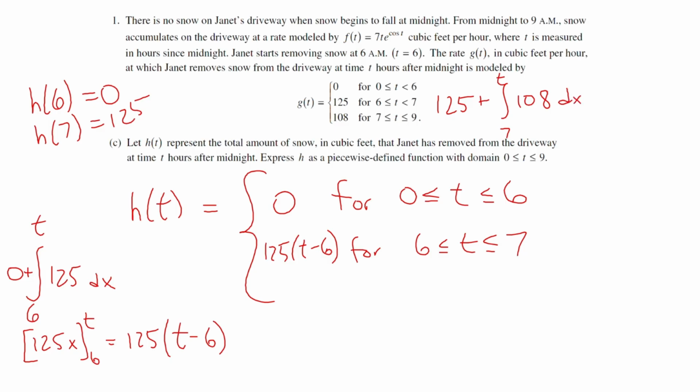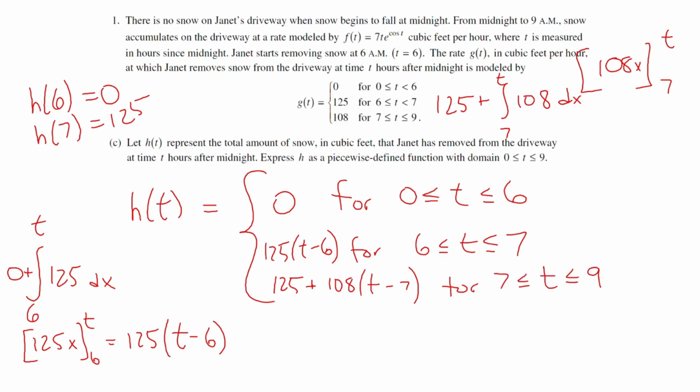So now that's going to be 125 to start with, plus the integral of 108, which is 108x from 7 to t, or 108 times t minus 7, for t from 7 to 9.